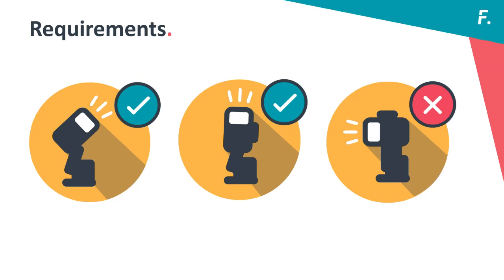Generally speaking, pointing the Flash forwards will get you a really, really harsh light, and then rather than fill in the shadows, which is what you're trying to do, you're actually going to create more shadows, and they're going to be harsher. So just to recap, Flash pointing behind you at 45 degrees or up towards the ceiling.